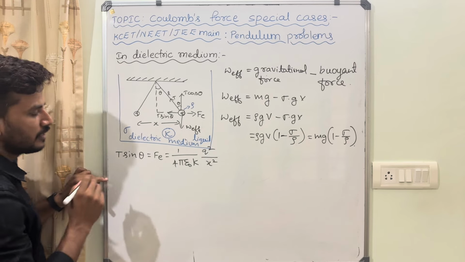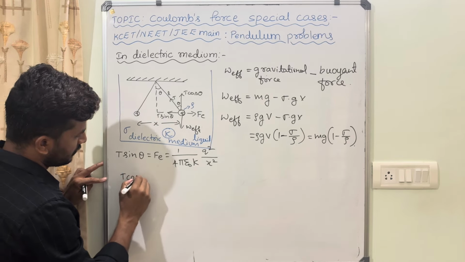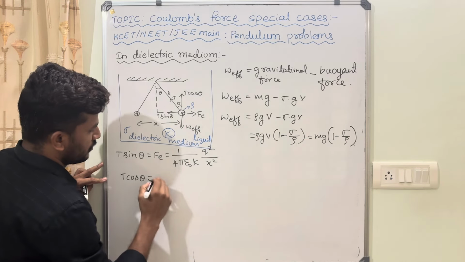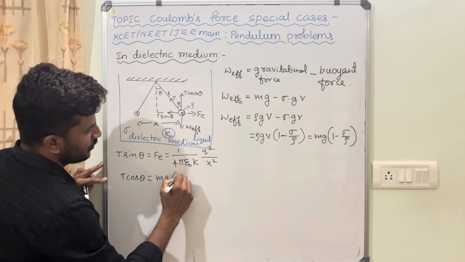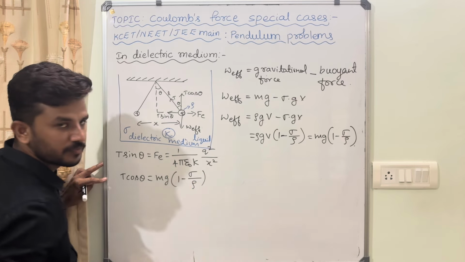That is T sin theta. What about T cos theta? T cos theta is equal to W effective. W effective is mg into 1 minus sigma divided by rho.